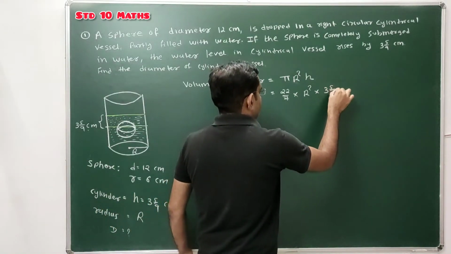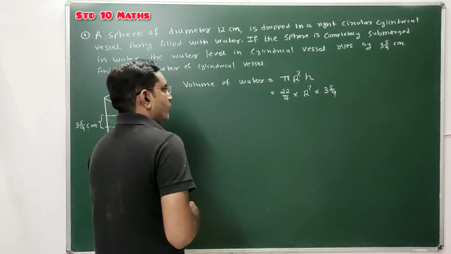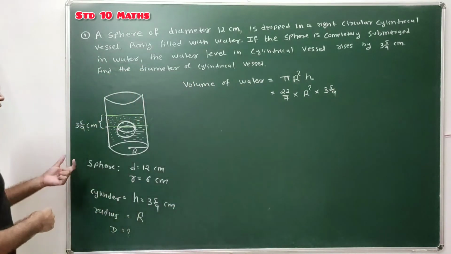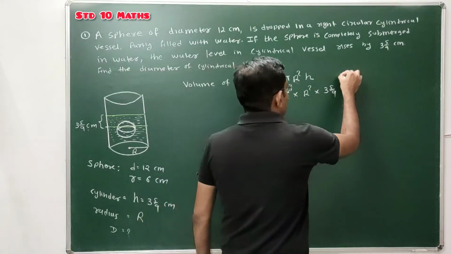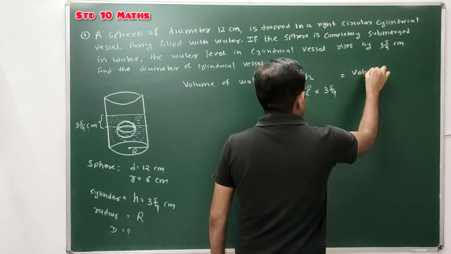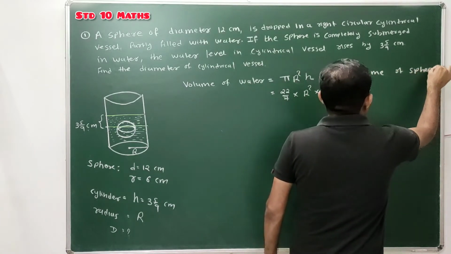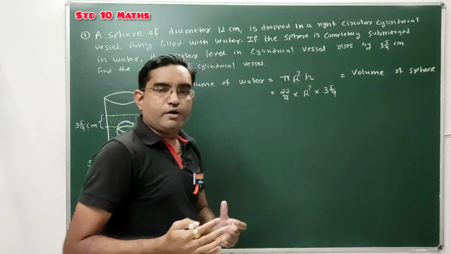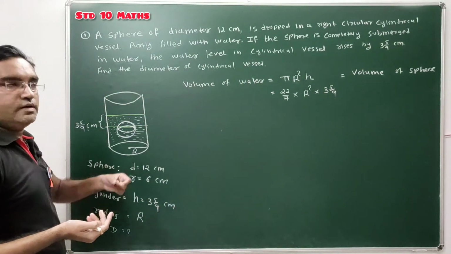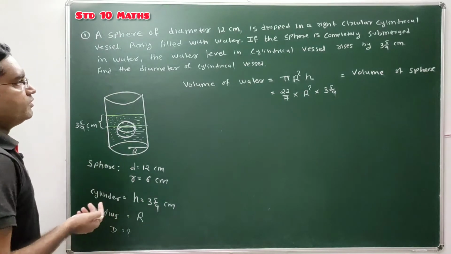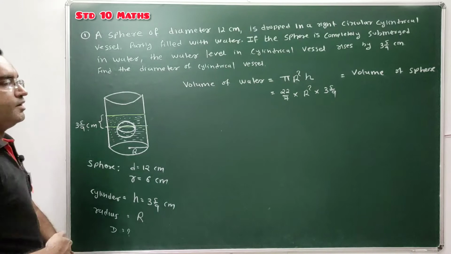This volume of water is equal to the volume of the sphere, the amount of water displaced is equal to the volume of the sphere which is submerged inside this cylindrical vessel.